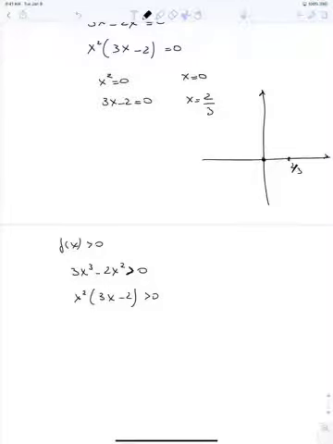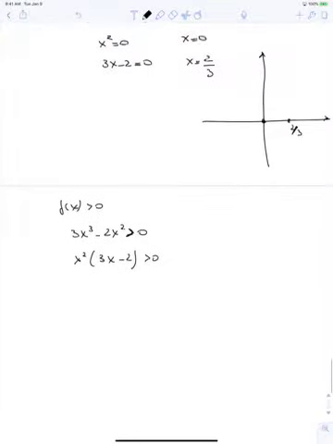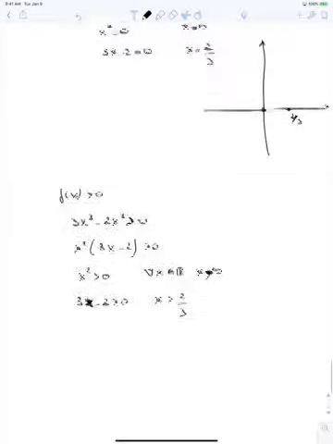We already know what the zeros of the function are, so we have to determine where the function is positive or negative. Now, x squared is greater than 0 for all the x's except for x equals 0. And 3x minus 2 is greater than 0 means that x is greater than 2 divided by 3.